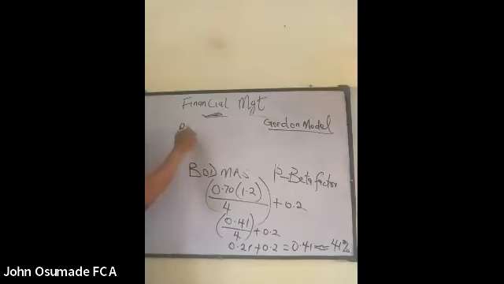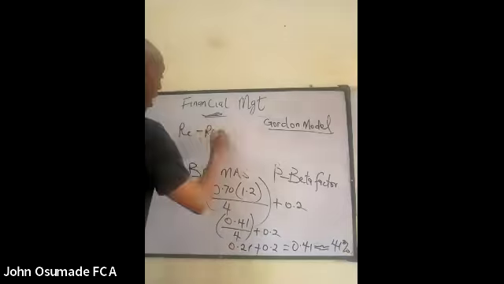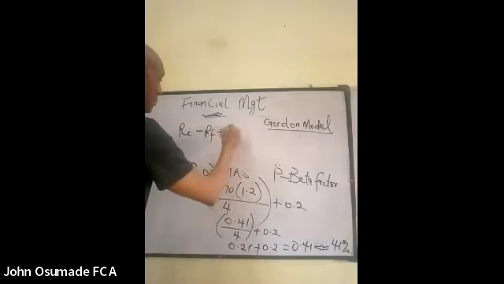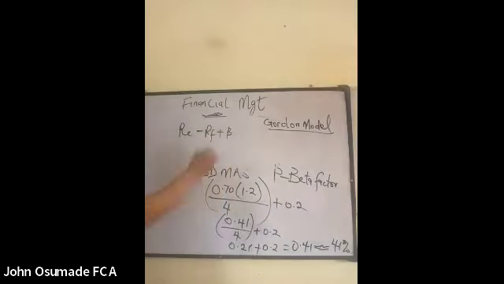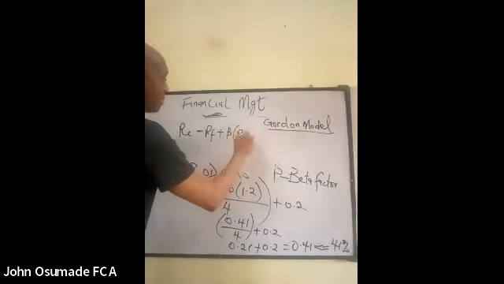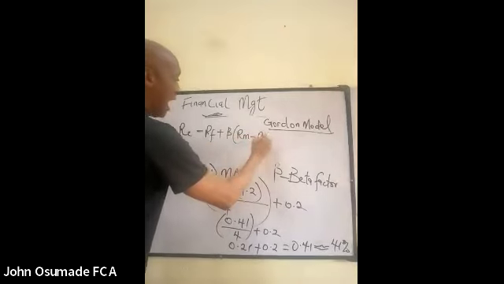I will call it return on equity, ROE, equals, which is stated as KE, ROF, which is stated as risk-free rate, plus beta, the beta coefficient, bracket ROM minus ROF.